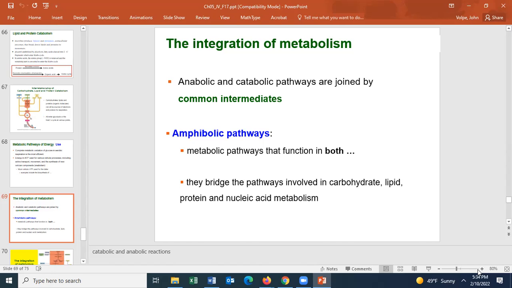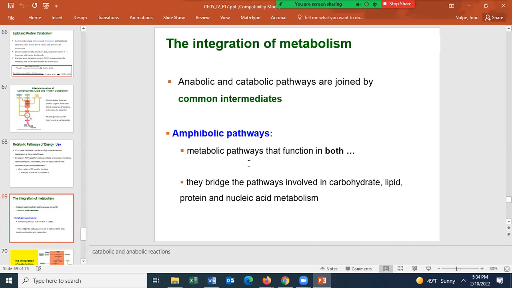And if the pathway can go both ways, we call it an amphibolic pathway. Sometimes it will be catabolic, but if we make the reaction go the other way, it will be anabolic. Even human cells have amphibolic pathways where the pathway functions in both ways.